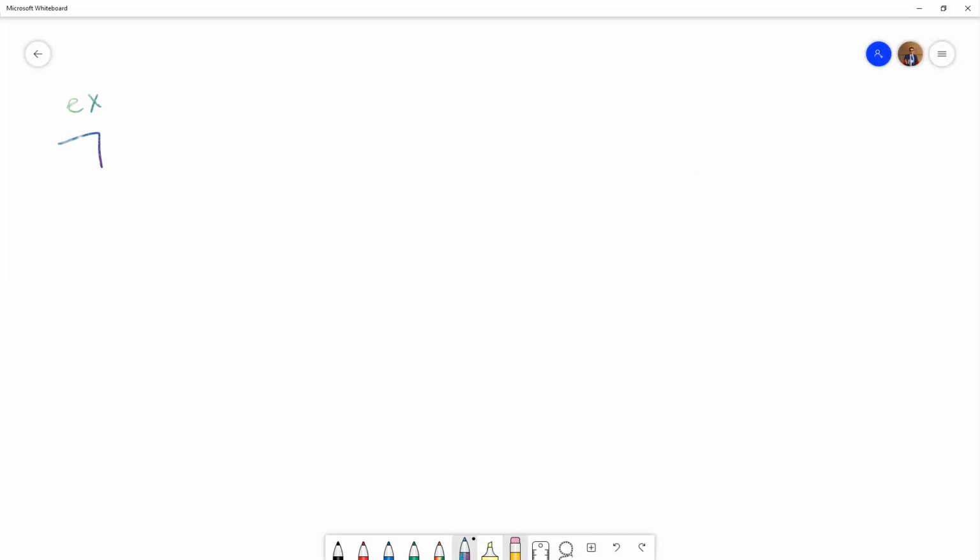Next one, another example. This one is positive even numbers: 2, 4, 6, 8, whatever, dots, ellipses.